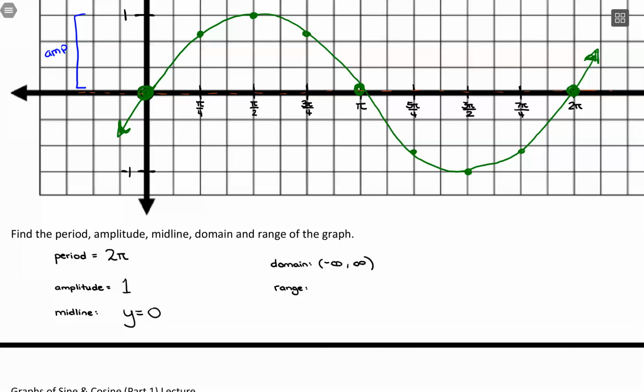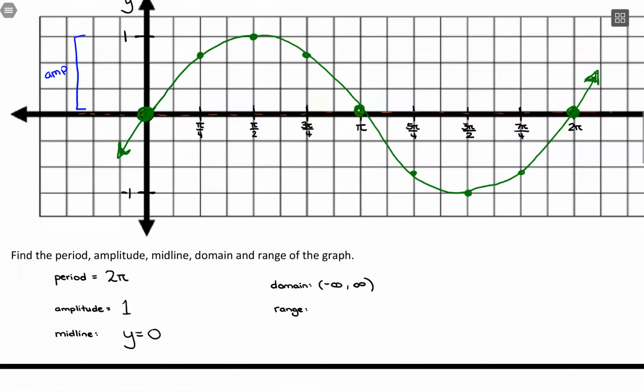Now for the range of our graph, we're restricted. Coming from negative infinity, I'm not going to see any sine output values below -1. So our graph starts at -1 and includes -1. And then we have function values all the way up to and including +1. So our range is stuck between -1 and +1, including those endpoints. So we use those square brackets.